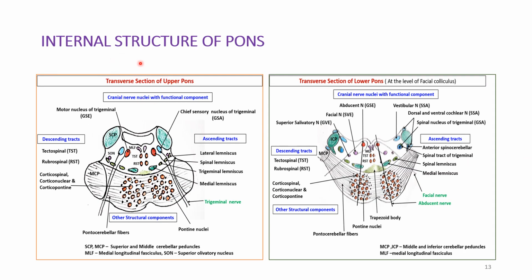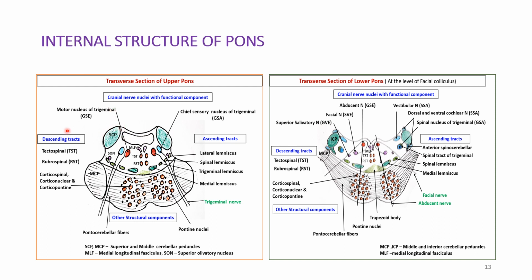Then comes the internal structure of the pons. You can see a transverse section of the upper pons and a transverse section of the lower pons. So you can see here all these things. Some descending tracts, some ascending tracts, and some other structural components, and some cranial nerve nuclei with functional component.